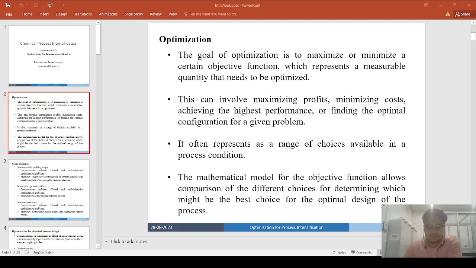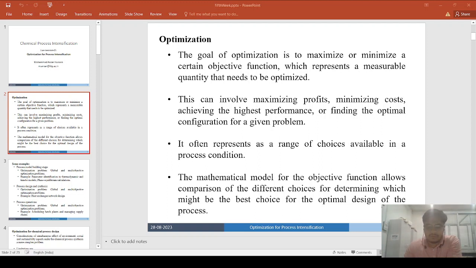In another scenario, your objective function could be to maximize the yield of a particular process. In that case, you may go for increased specific volume, or you install more reactors, and you may use more raw materials to maximize your yield. That might be your goal.